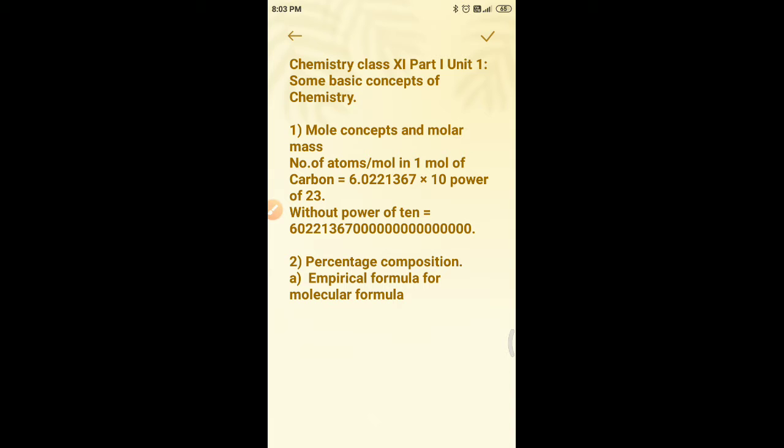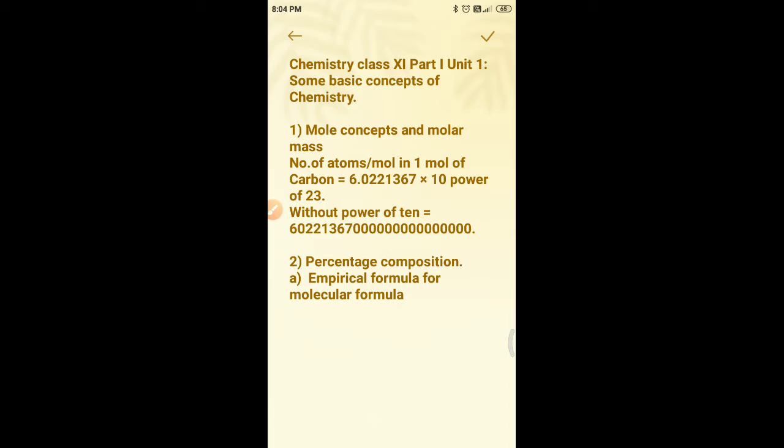It is known as the Avogadro constant or Avogadro number, which we denote as NA. NA is in honor of the scientist Amedeo Avogadro.